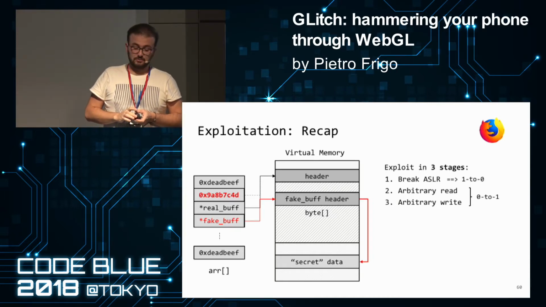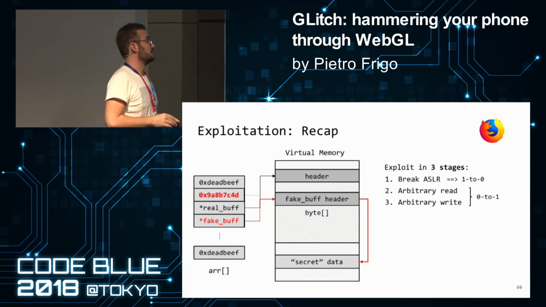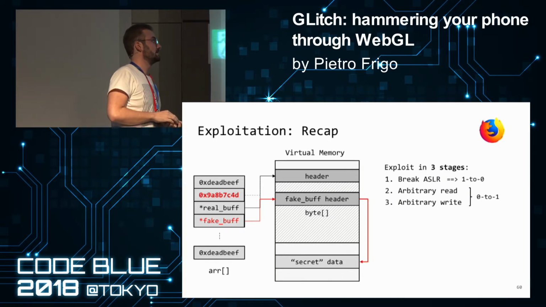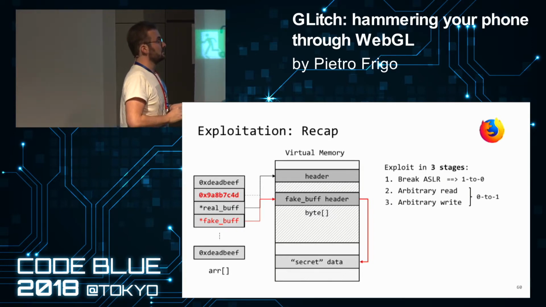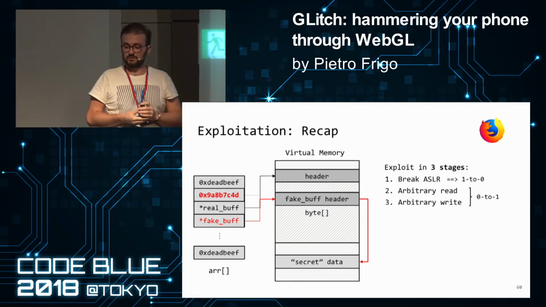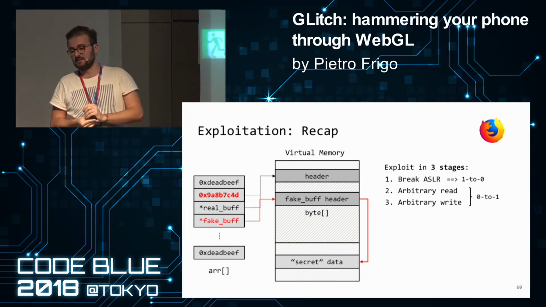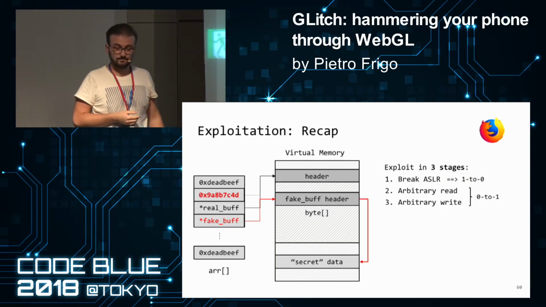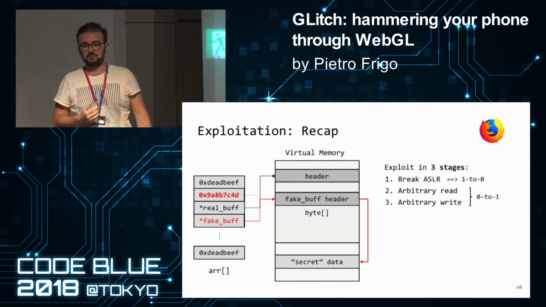And to do this, you need 2 bit flips, a 1 to 0 bit flip, and a 0 to 1 bit flip. So since you need 2 bit flips, people will ask, why? How is it possible that this is faster than current attacks? And the answer is because we use the GPU.